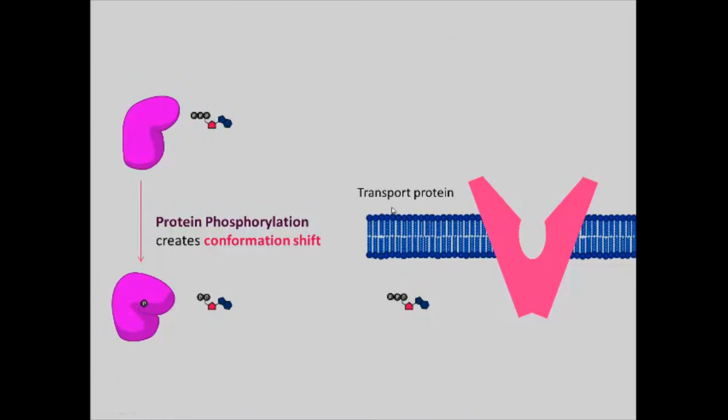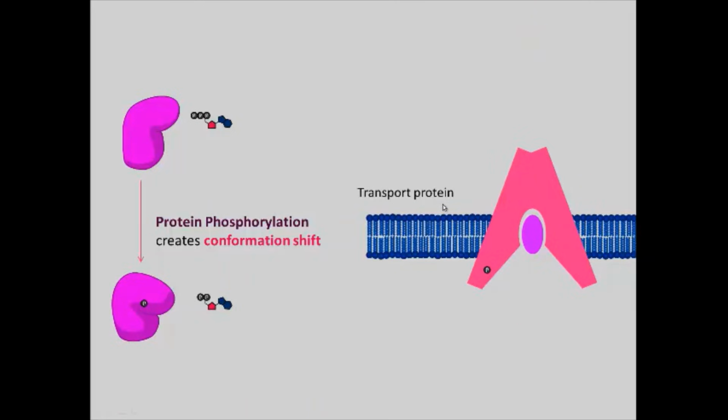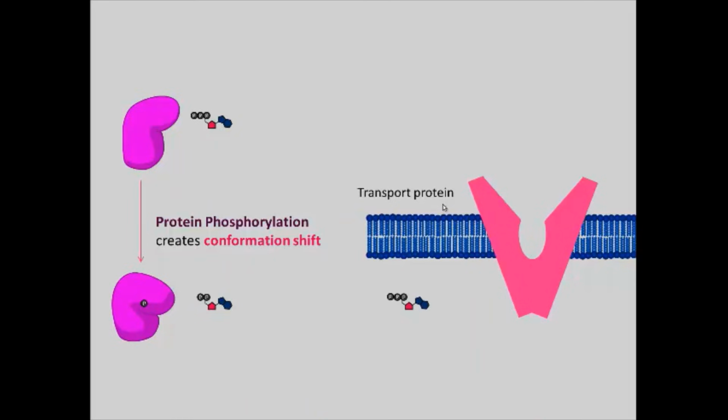Phosphorylation can also be used to move molecules across the cell membrane using phosphorylation-powered conformational shifts in transport proteins. The conformational shift in this protein changes its orientation in the membrane.